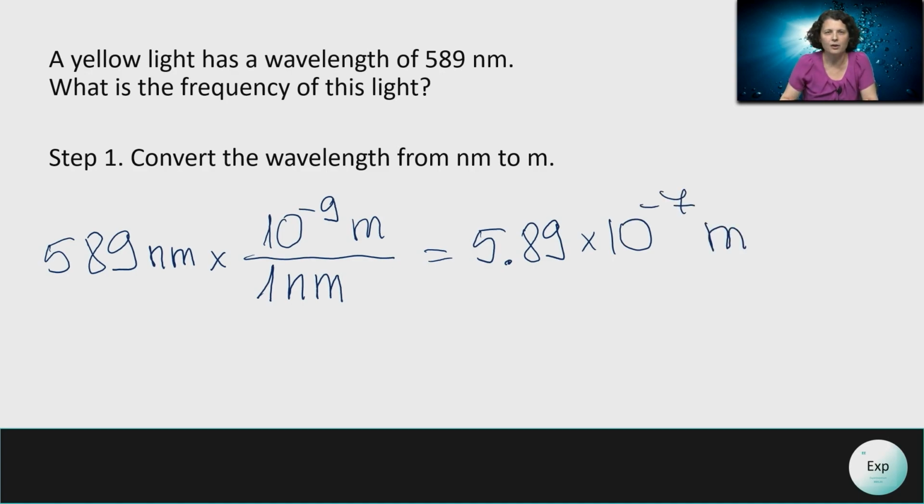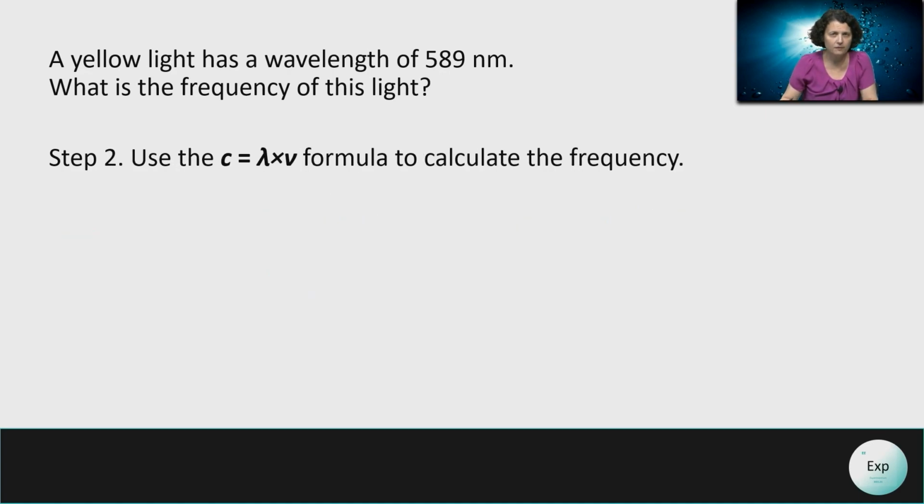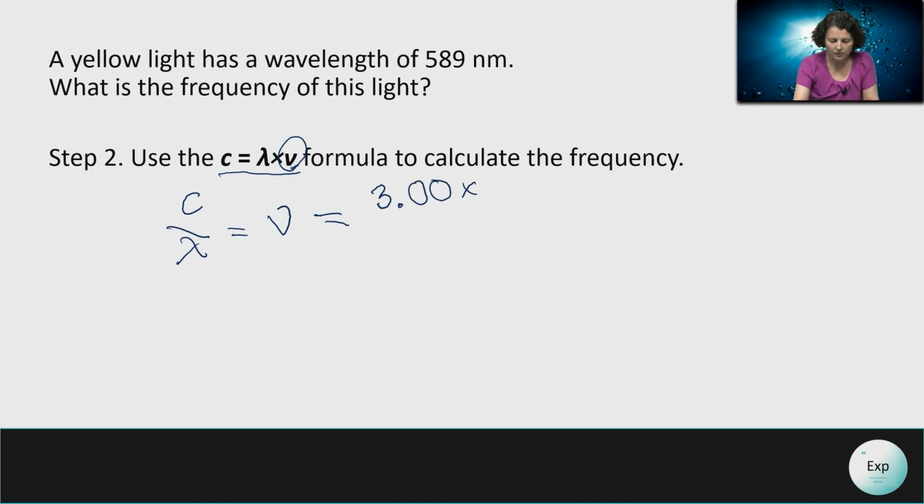Once we have our wavelength in our base unit, then we can move on to the use of our expression to convert to frequency. If our formula is c equals lambda times nu, and we need to find the frequency, which is nu, then we can divide both sides by the wavelength. So it becomes c over lambda is the same as nu, which means that in terms of numbers, we need to find the speed of light, which is a known constant, that is 3.00 times 10 to the 8th meters per second.